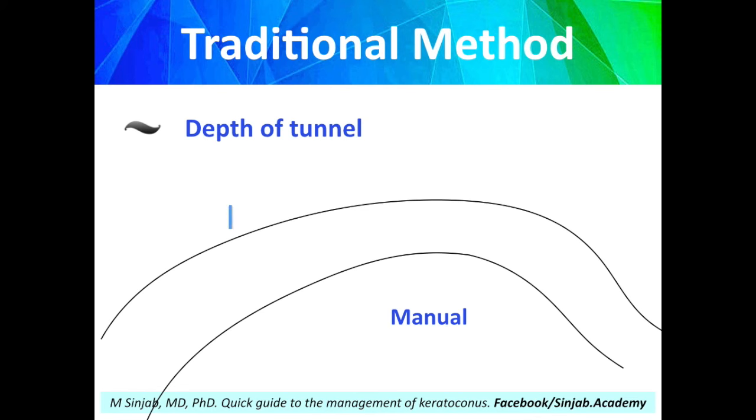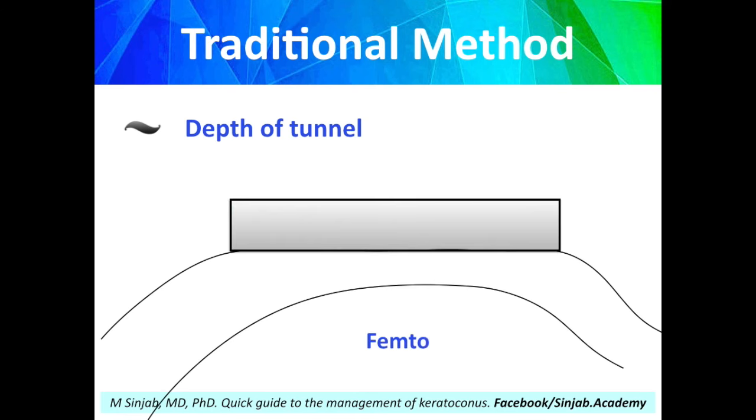Why? Because in the manual technique, we are creating the incision and we are then dissecting in one level in between the layers. While in femtosecond laser, we are applanating the cornea, and because of the difference in outbulging between the posterior surface and the anterior surface of the cornea, the thickness along the applanated area is not homogeneous, and you know that the femtosecond is creating a layer of air bubbles.